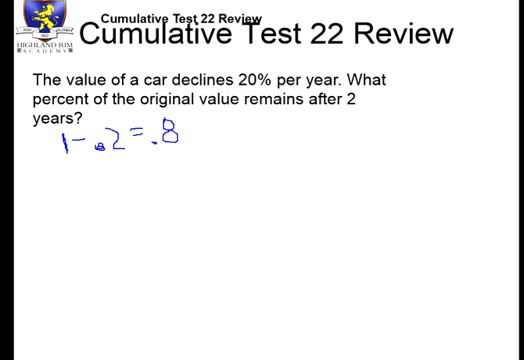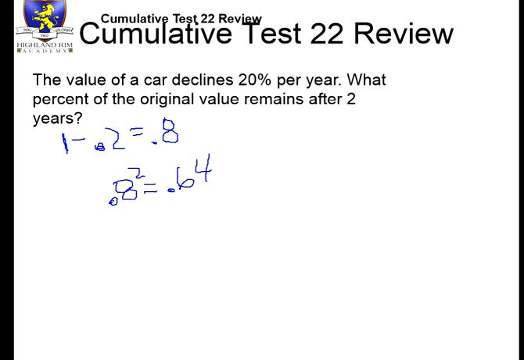So after 1 year, you're going to have 80%. But after 2 years, you're going to have 0.8 squared, which equals 0.64. So the value of the car is going to be 0.64 of the original value.